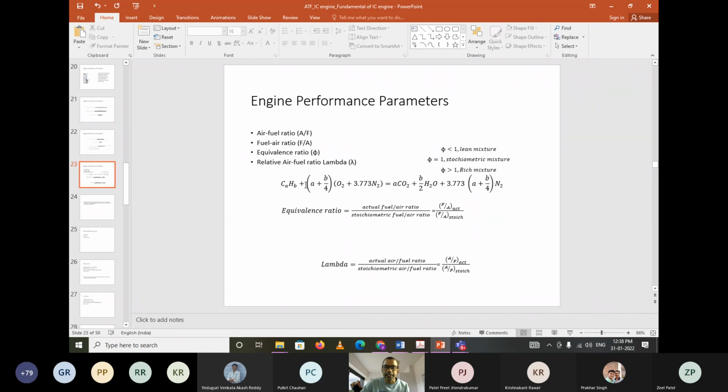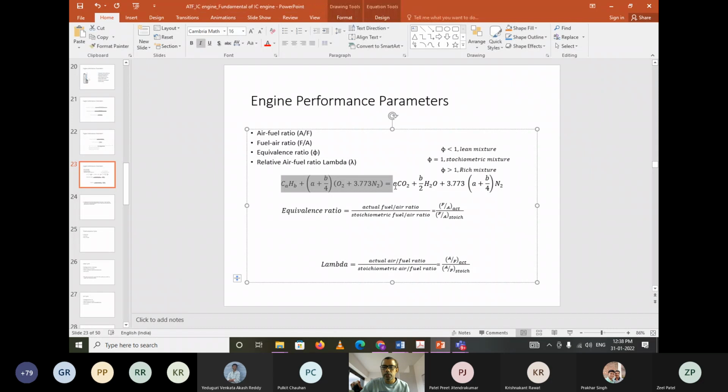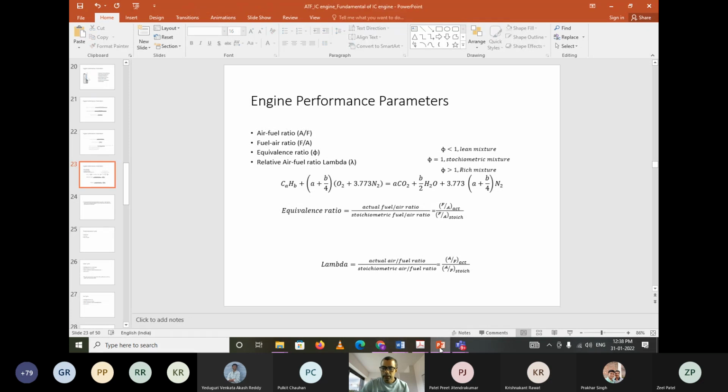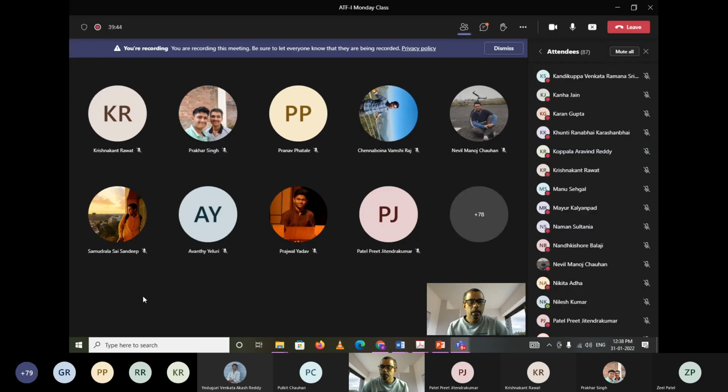So your air-fuel ratio will come to 15.1. It means 1 unit of the fuel will require 15 units of air to have complete combustion, and that ratio 15.1 is called the stoichiometric air-fuel ratio. I hope everyone has done it or there is still some problem.